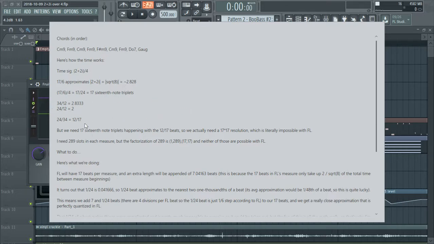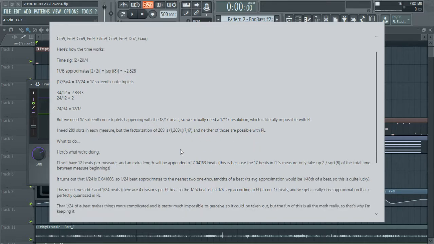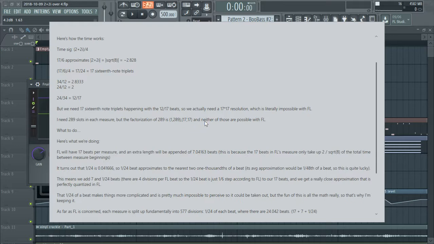And so then you do some math, and what I found was that if I wanted to do it all with these approximations, I would need 289 slots in each measure, but that's impossible. 289 is not a prime number, sorry, but it is the square of a prime number.